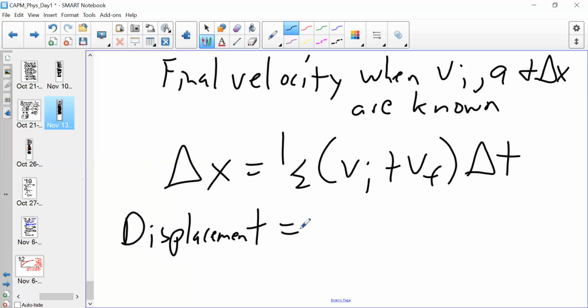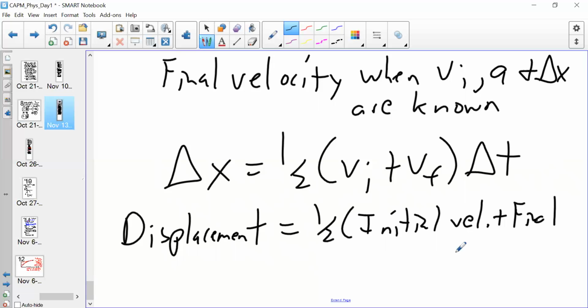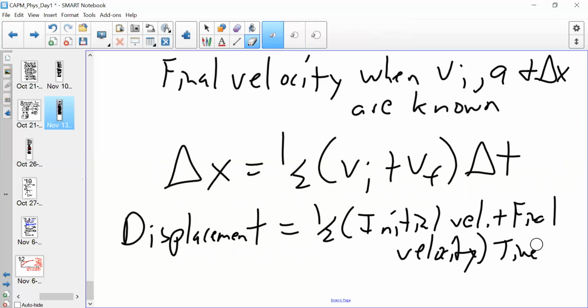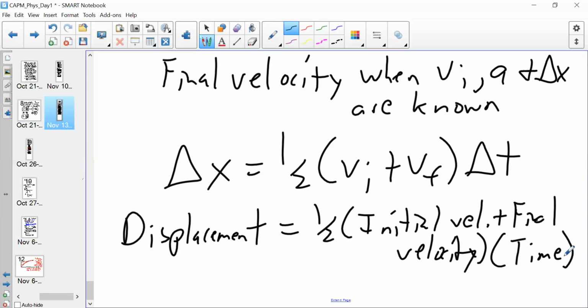So this displacement equals 1/2 initial velocity plus final velocity times delta t, which is my time interval. I'll just say time because it's a time interval, delta t, final minus initial.